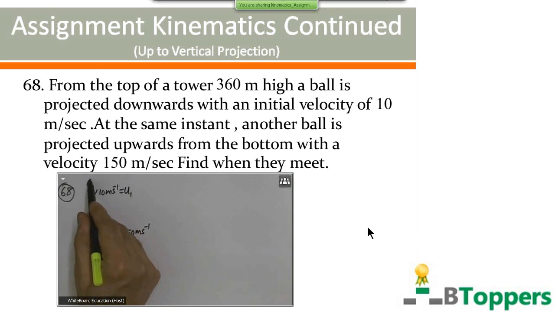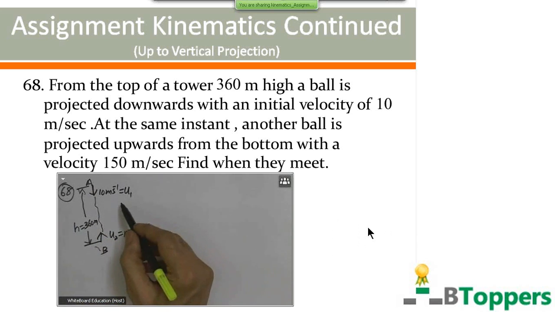Let A be the initial position of the first ball, at the top of the tower, from where it is projected vertically downwards with initial velocity of magnitude u1 equal to 10 meters per second.